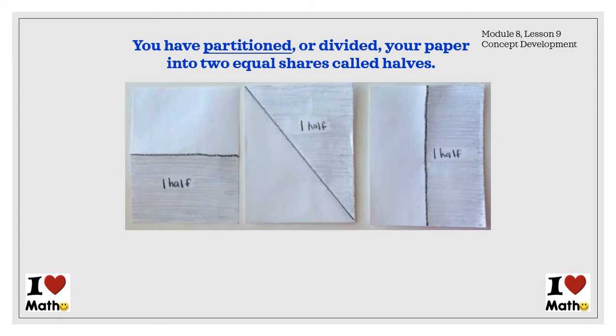On the next one is a diagonal line, and then the other one, their rectangle is facing up and down, different than mine, and folded from side to side. You have partitioned your paper into 2 equal shares. That new word, partition, means to cut or divide. And we have partitioned our rectangles into halves. Say that word with me, halves.